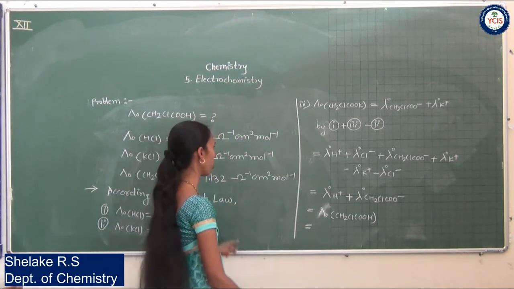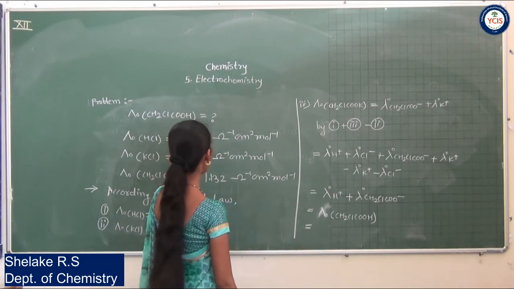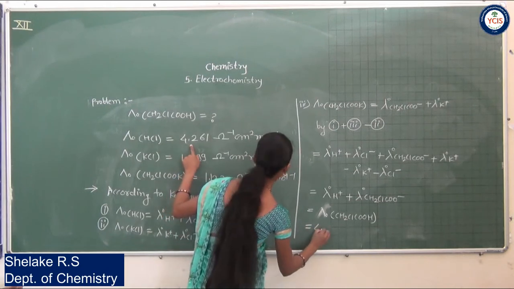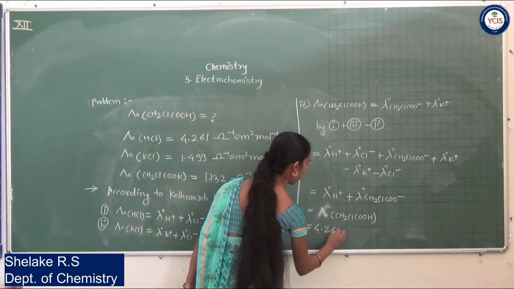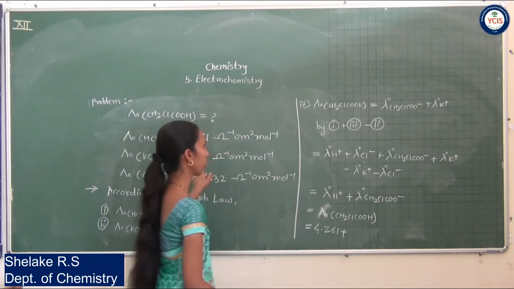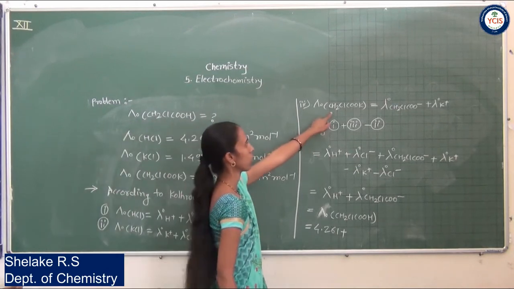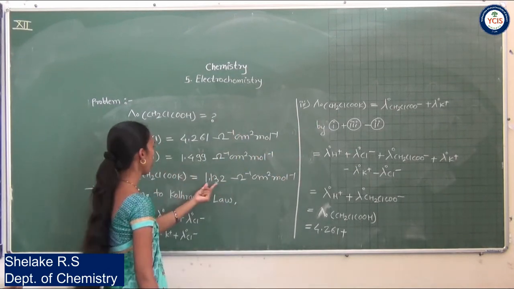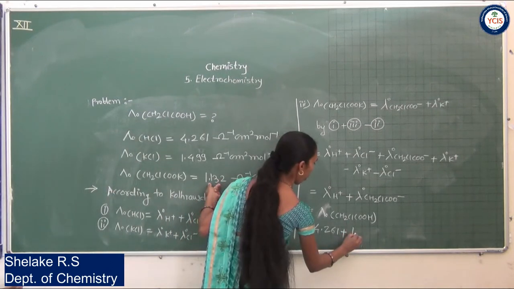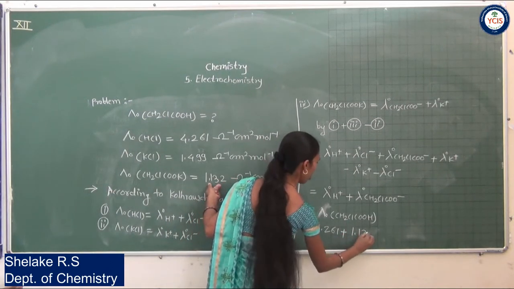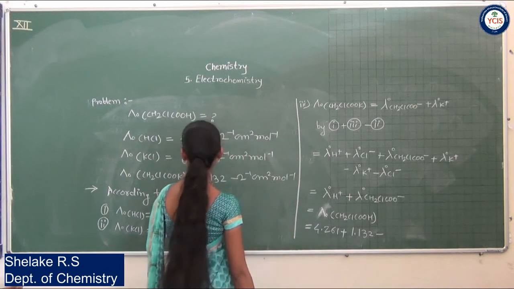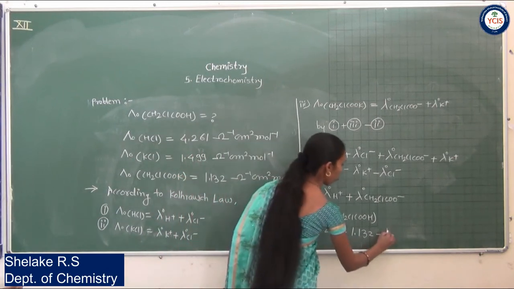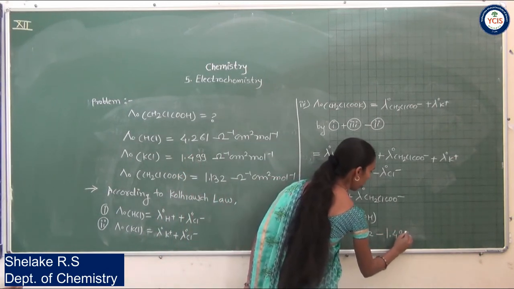Whatever mathematical operation is done on these ions or molar conductivities, we have to apply to the values also. So equation number 1, the molar conductivity of HCl, is 4.261, plus equation number 3, which we have applied for CH2Cl COOK, the molar conductivity is 1.132, and minus for KCl, that is 1.499.